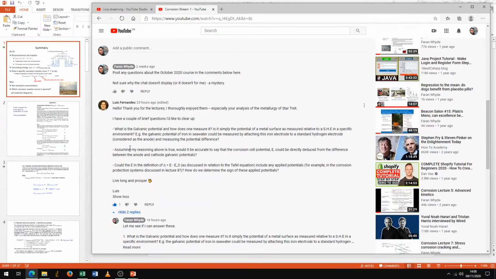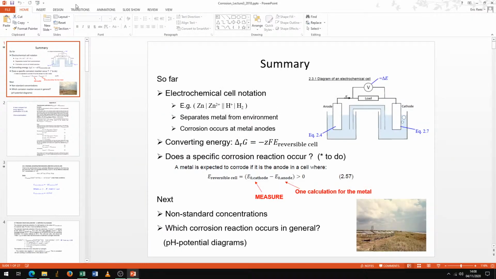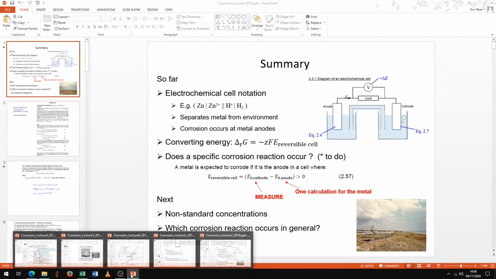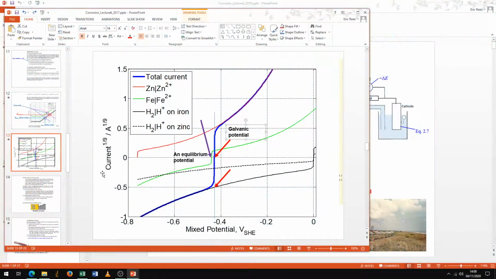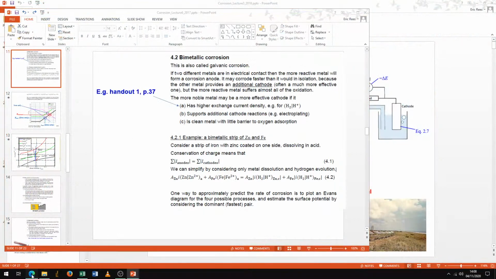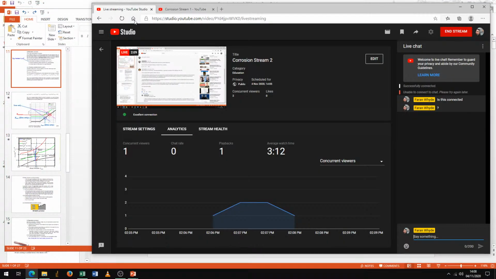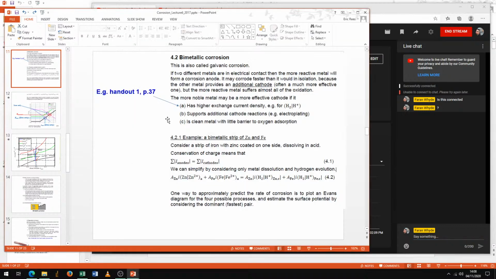So I had just a simple description: what is galvanic potential, and a couple of ways in which it's used. If you look at the second lecture handout, then you'll get to section 4.2 in the notes, and you should find a discussion of a question in bimetallic corrosion.